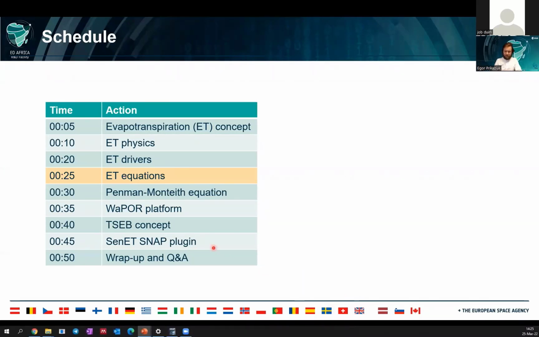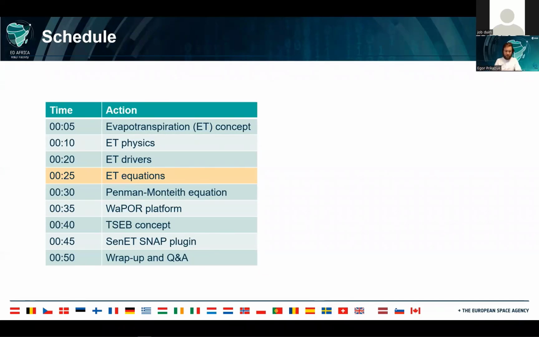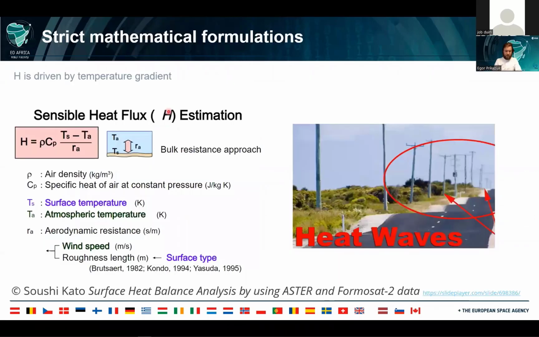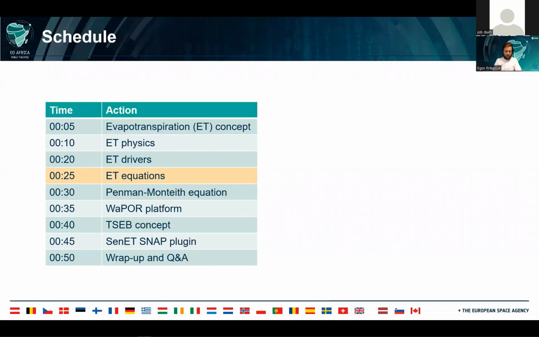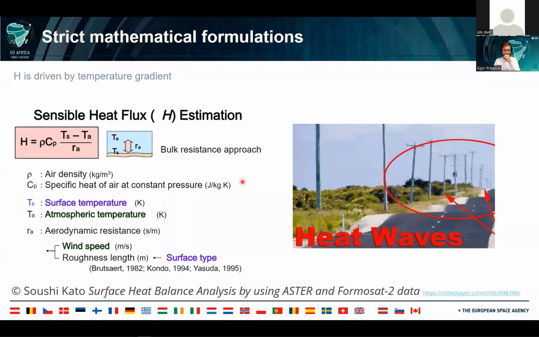As I said, sensible heat flux is the energy that warms up the air normally in the daytime, and you are actually able to see that on hot days. You see that the air has some strange patterns, that the poles seem to be bent.